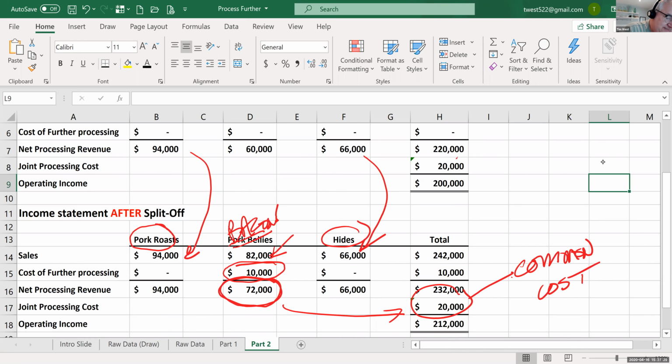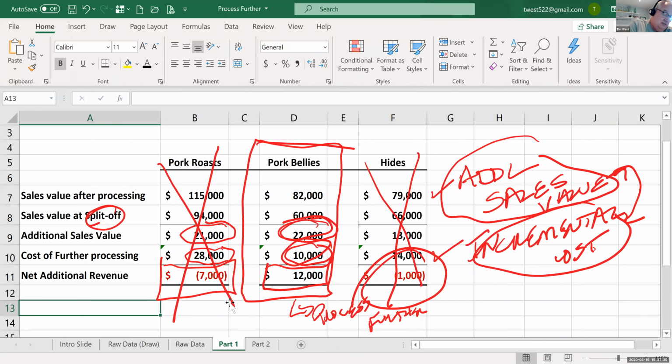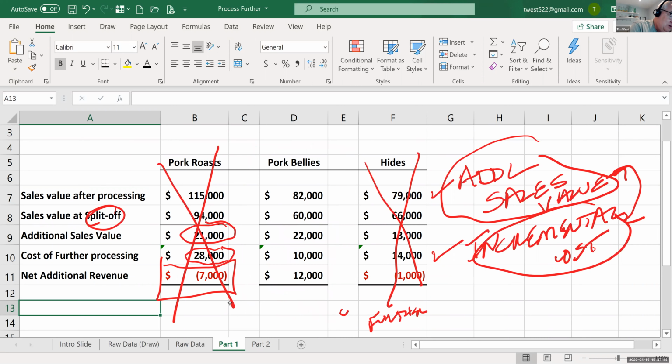And so the difference in the incomes, 200 compared to 212, the difference is $12,000, and it's a number we've seen before, because it represents the number that we had right here. The difference between the incremental revenue and the incremental cost. Anything else you need to add, Professor Valentine? I think that's it. If the benefits exceed the cost, you want to go with it.